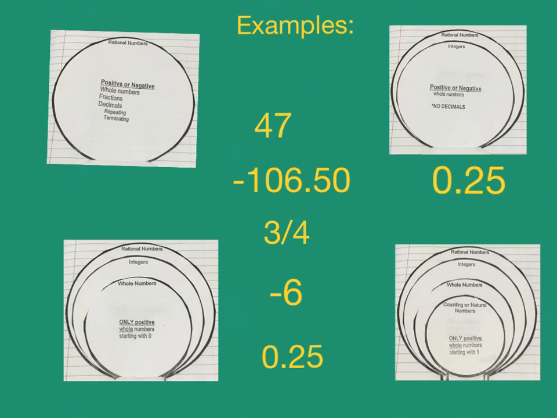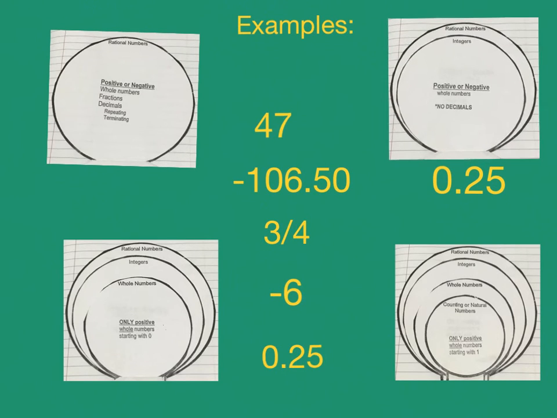If I come over to integers, it says no decimals. So 0.25 would only be a rational number so far. If you look at whole numbers, it cannot be a whole number. Counting numbers, it cannot be a counting number. So this one, a decimal, is only a rational.